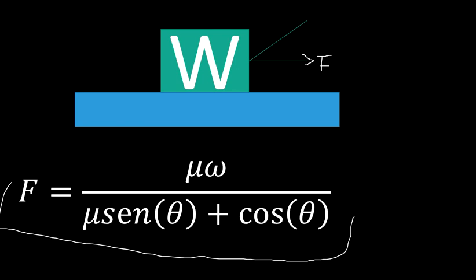The problem asks you to find the minimum force you have to do with certain weight, with certain coefficient of friction at a certain angle, so you make the least force possible. Okay, so let's explain this equation.